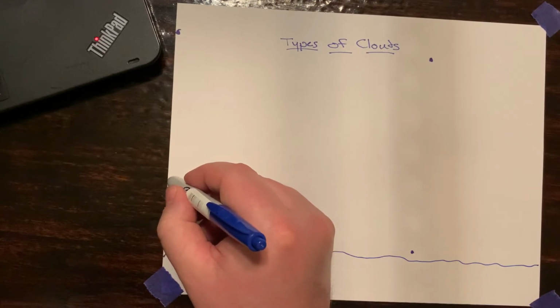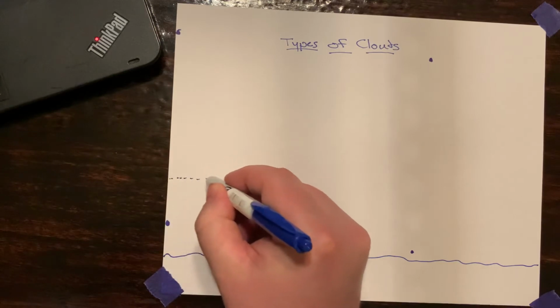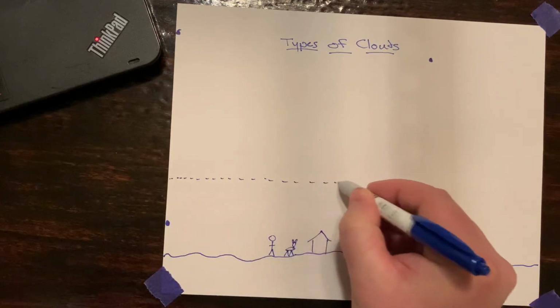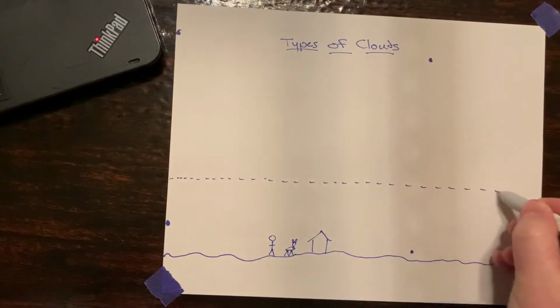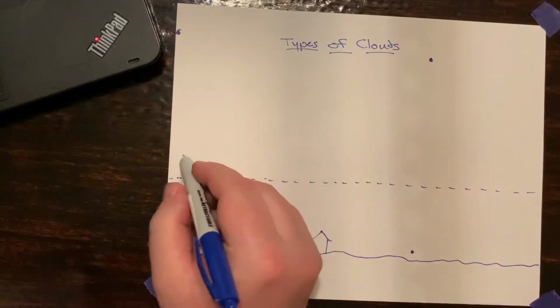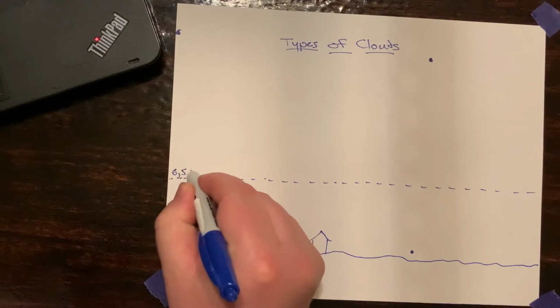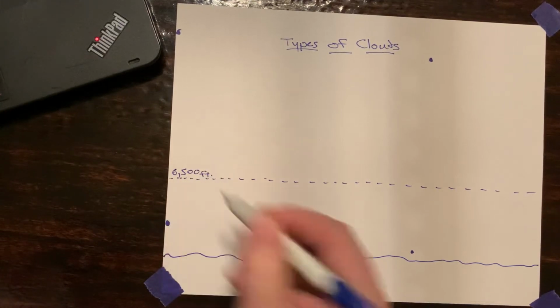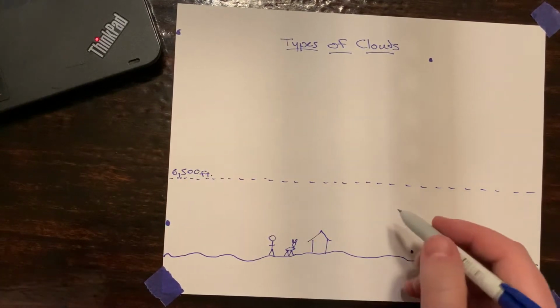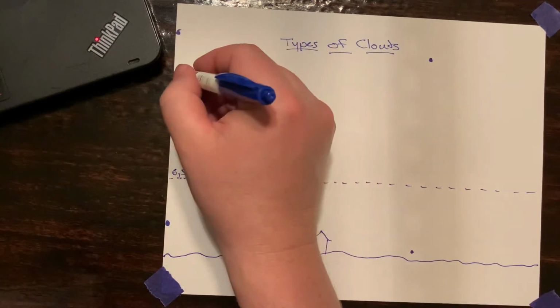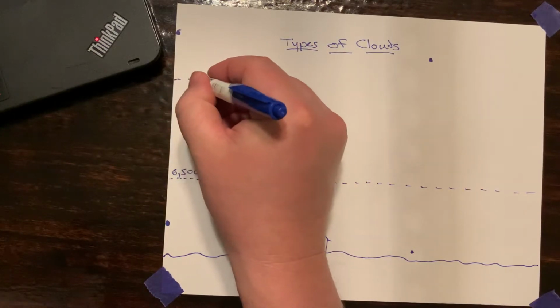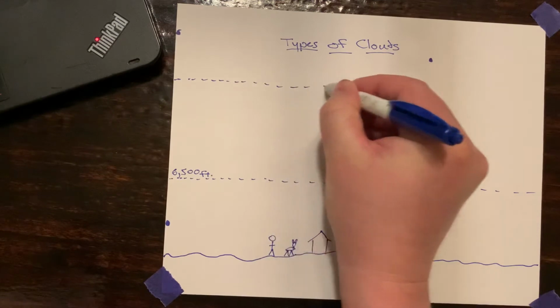So I'm going to go up here and make a dashed line. If you wanted to use a ruler to do this, you could. But this cutoff height is at about 6,500 feet. Okay? And then we're going to have another cutoff way up in the sky, super high in the sky.